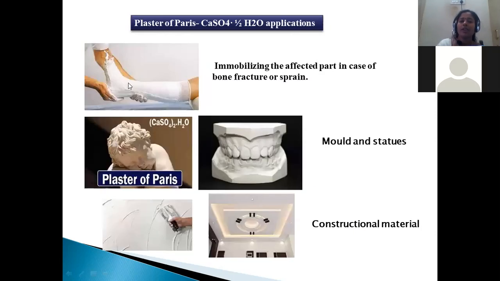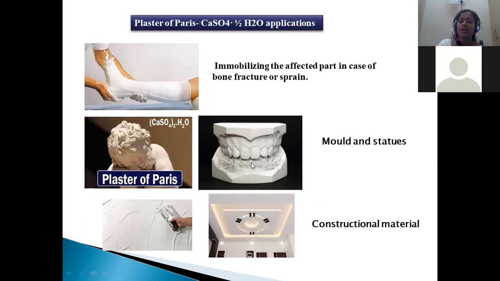These are the applications where plaster of Paris can be employed for bone fixing, to avoid the mobilization of bones whenever fractures or sprains are present, right? And next is the construction of statues and architectural buildings. In that case, we can use this plaster of Paris, and even molds.